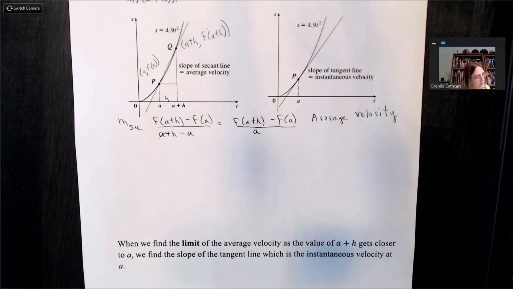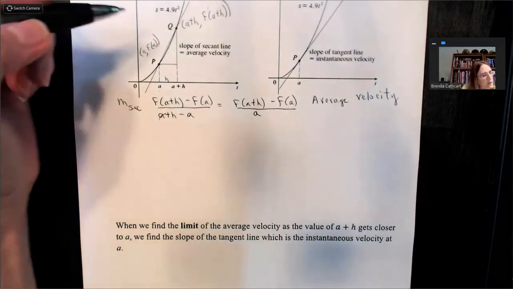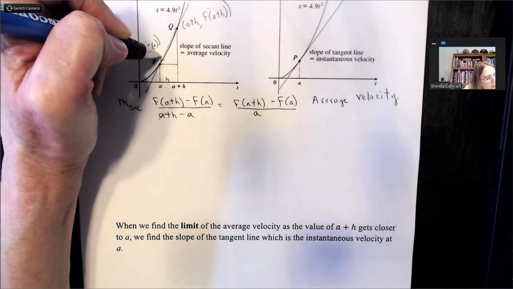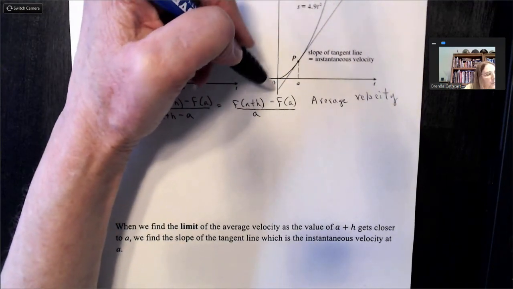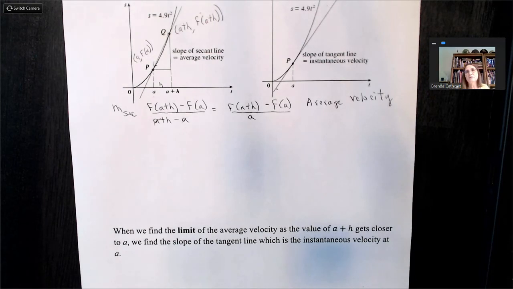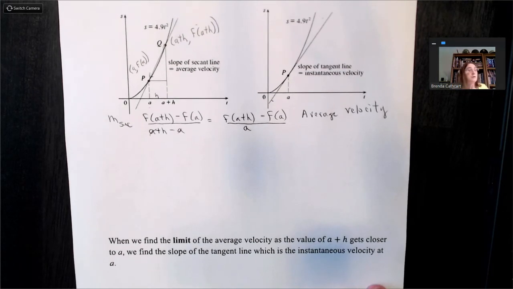And if I take the limit of the average velocity as the A plus H value slides closer and closer to point P, we end up with the slope of the tangent line, which is the instantaneous velocity at A. And so that's our connection between the slope of the tangent line and the velocity. We found that the instantaneous velocity is equal to the slope of the tangent line at that point.